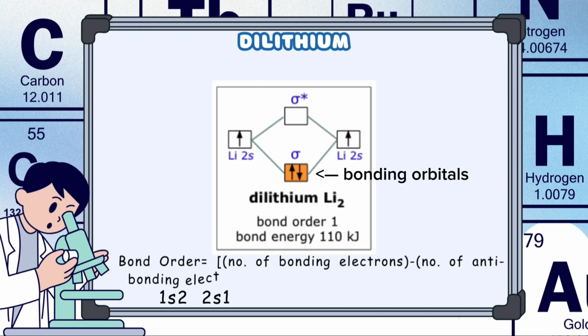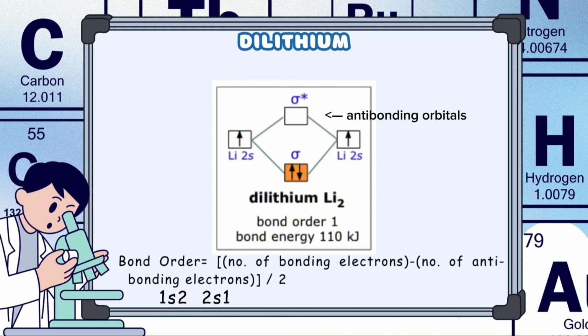The bond order is calculated by taking the number of bonding electrons, again the electrons in the orbital that has no asterisk, and subtracting the number of antibonding electrons, the electrons in the orbital that has an asterisk.